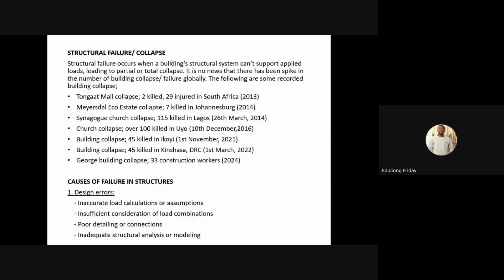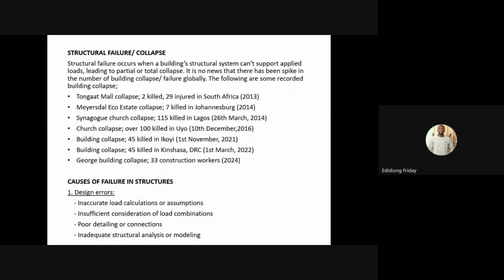That will mean whatever design you get will be less than what is expected. And what happens is that there is failure, in any of the structural elements. So inaccurate load calculations is a major cause for failure.